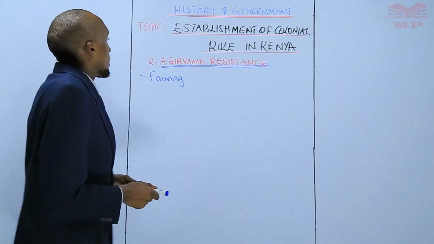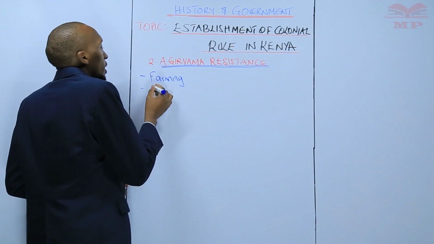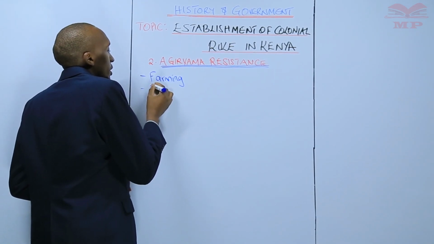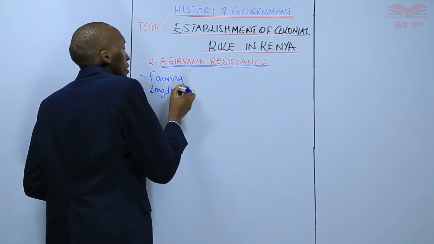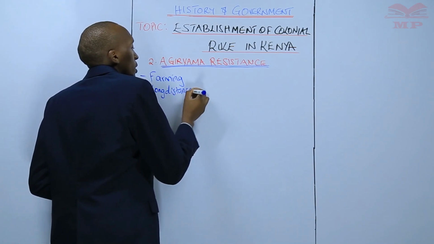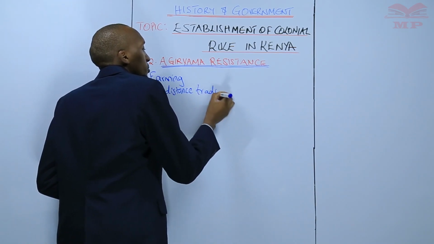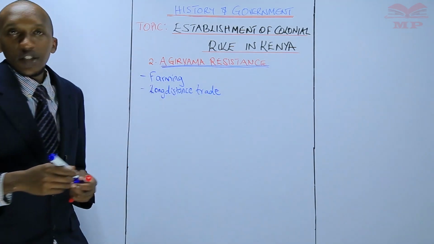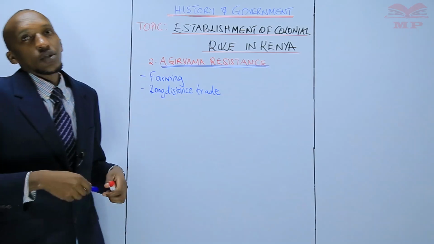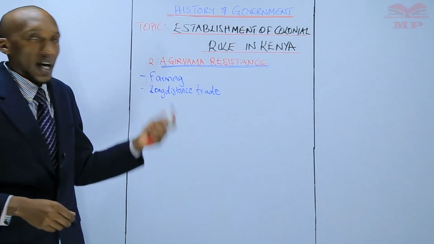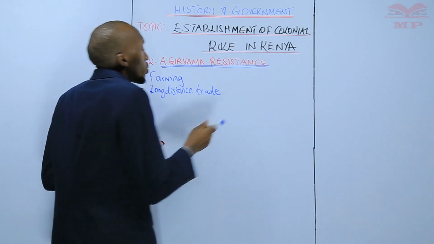Apart from that, they also engaged in trading. They engaged in long distance trade that had been established during the 19th century with the coming of the Arabs. They were an essential part of it. They acted as middlemen.